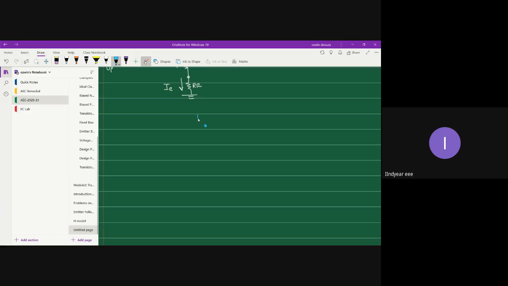So this is my base terminal. This is HIE because I'm considering common emitter configuration. This becomes HFE IB, where IB is the current through HIE. And this is my emitter terminal. On the output side, I have my collector terminal, which will be connected to RC.